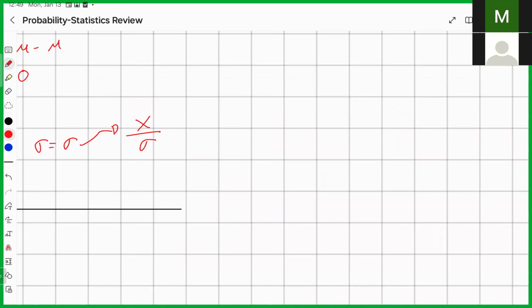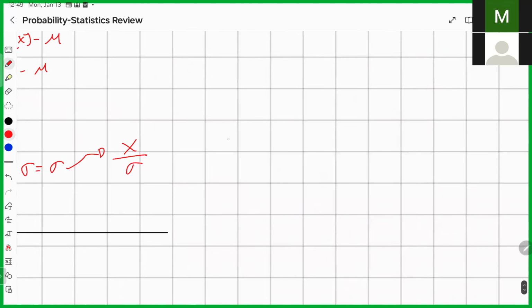So I want to give you a little proof of the variation here, x divided by the standard deviation. How come this becomes 1?